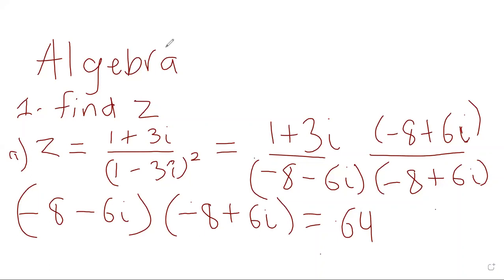Then let me do it the other way. We have minus 8 times positive 6. Anywhere you see i, you just negate. That's how we find the complex conjugate.